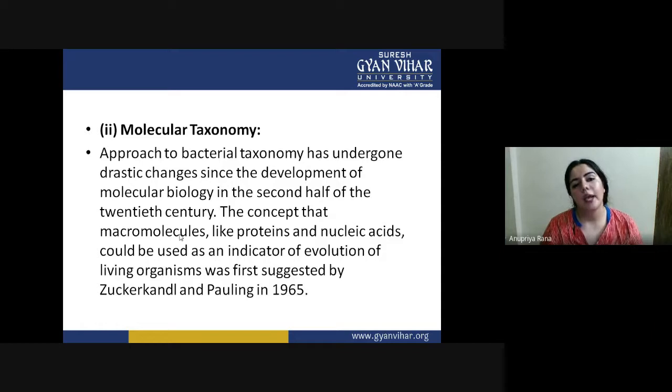Now the second type of characteristic in taxonomy deals with molecular taxonomy. Classical taxonomy was all about the outer things, and molecular taxonomy basically depends on the very core internal structures.